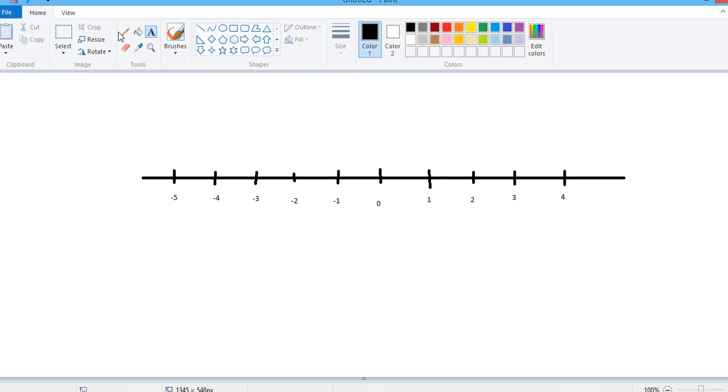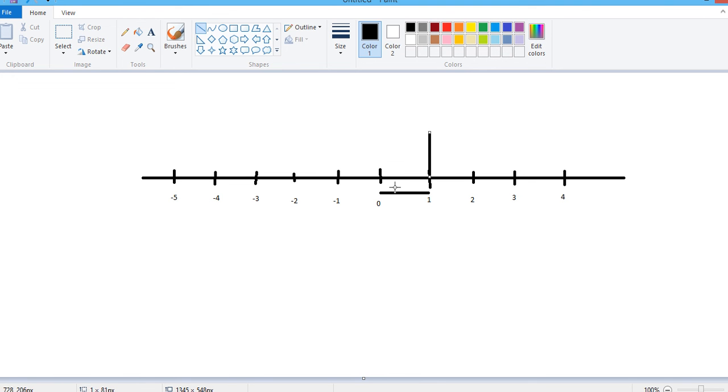Now within 0 and 1, the gap is what? The gap is 1, right? The value is 1, right? And now, from 1 I am drawing a perpendicular of length 1.